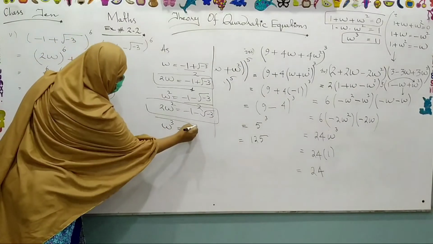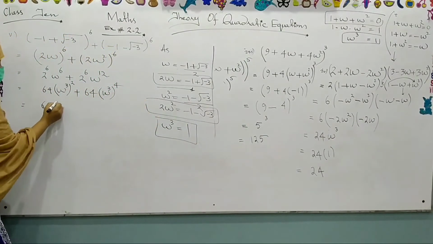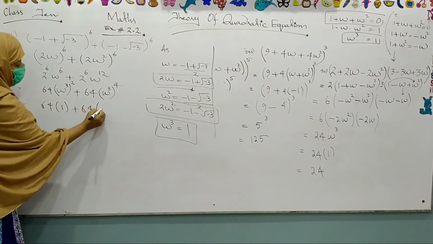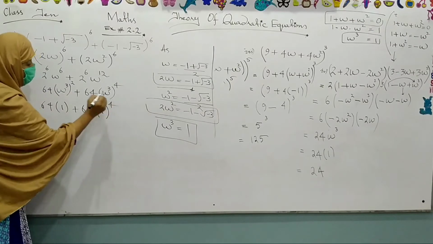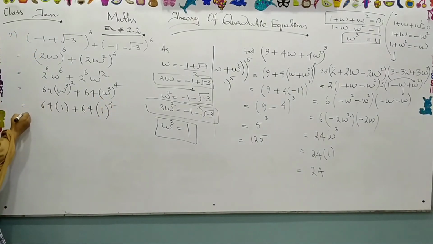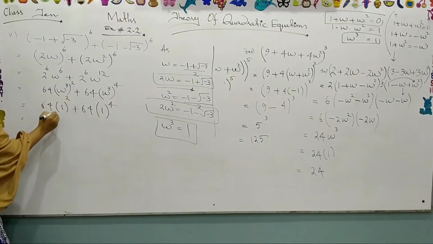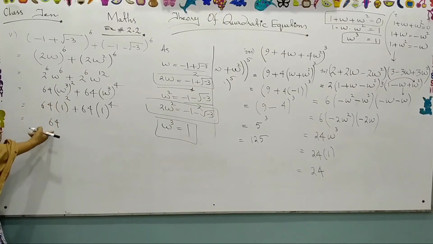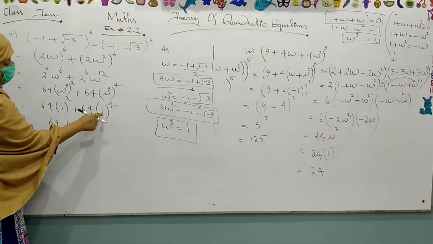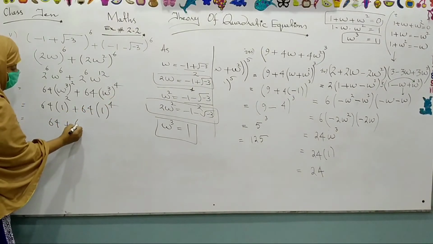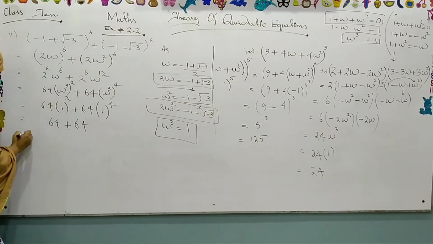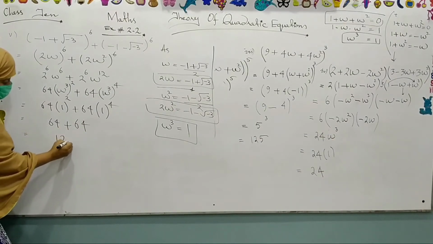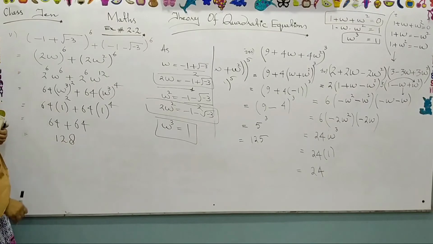Omega cube is equal to 1. I will substitute here 1 square times 64 and here also 1 raised to power 4. Now here it is square and you know 1 square is 1 and multiply by 64, 64. Again 1 raised to power 4 is 1 and it is 64. And what will be answer? 64 plus 64, 2 times 64, it will be 128.